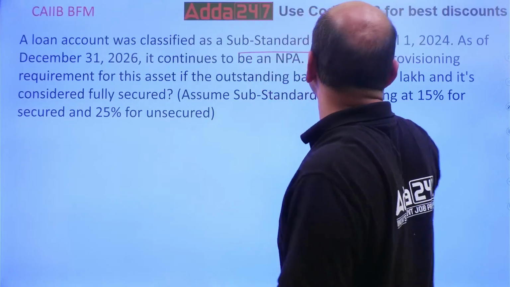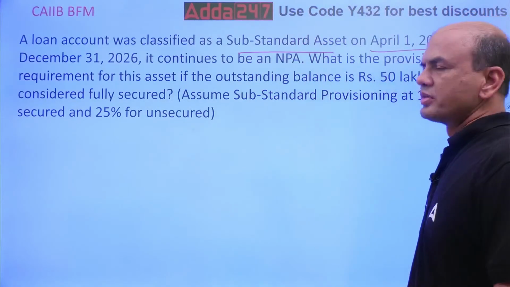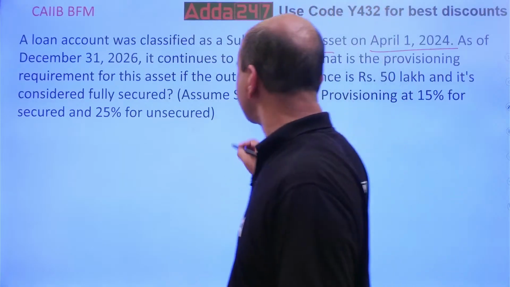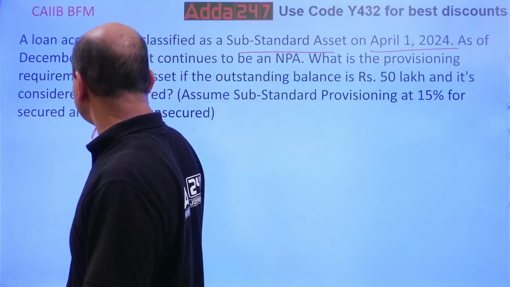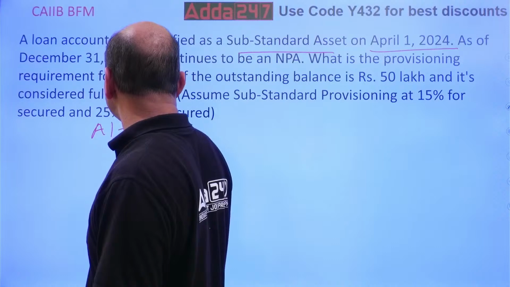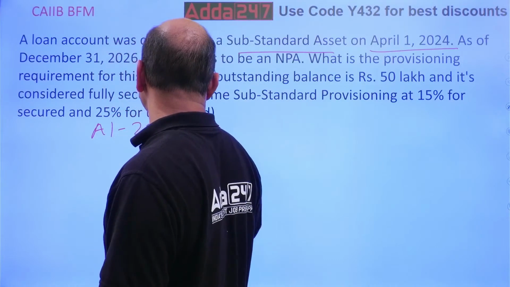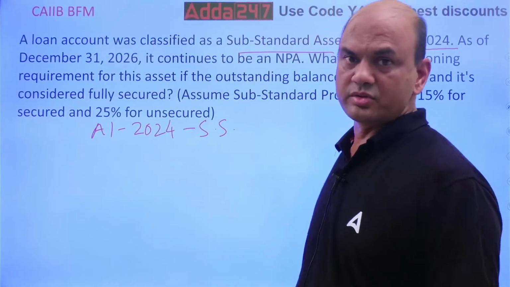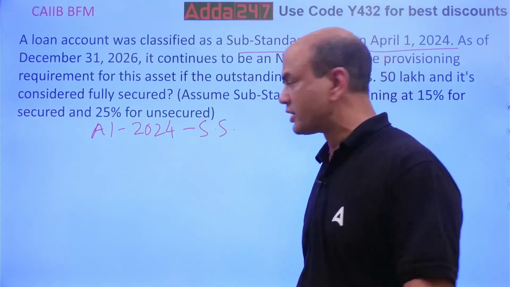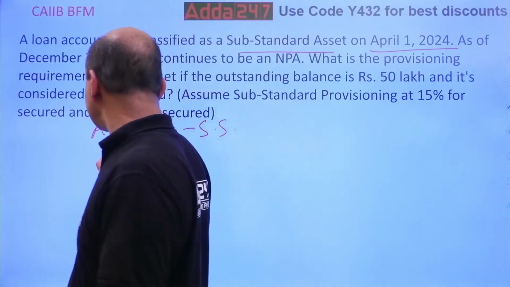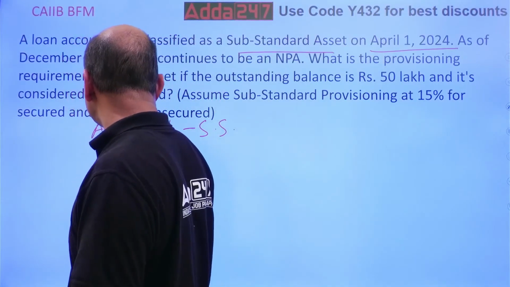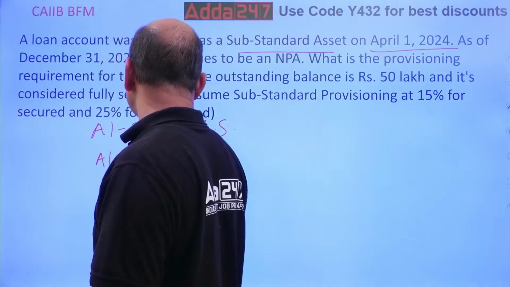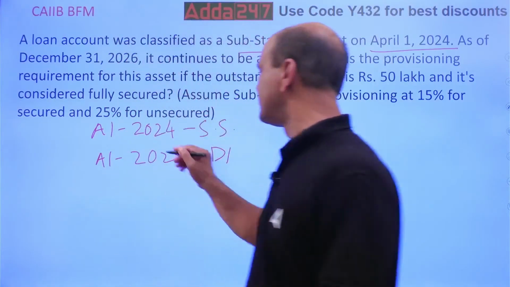Substandard on April 1, 2024. So let's calculate this. It was substandard, so it started like this and will go up to about 1 year. So April 1, 2025, this will be D1, doubtful one, on this date.